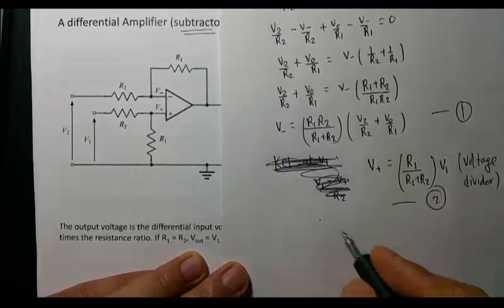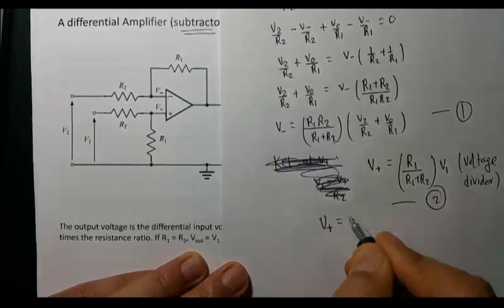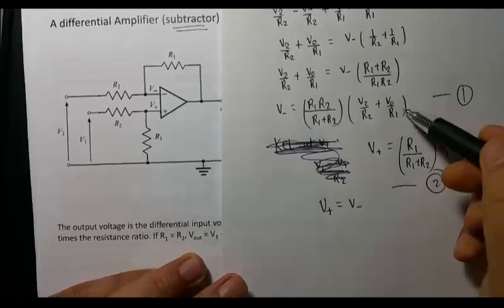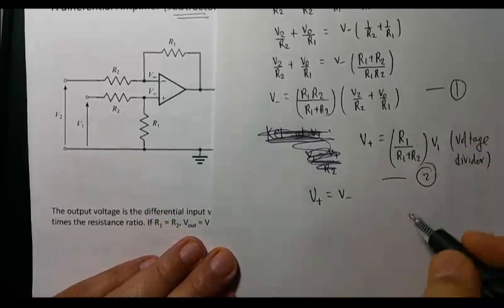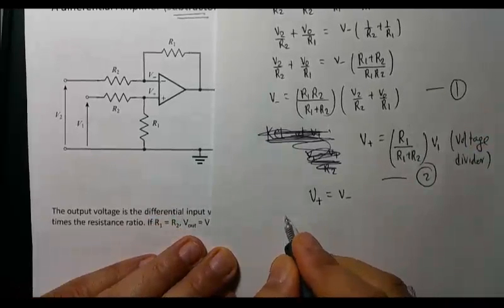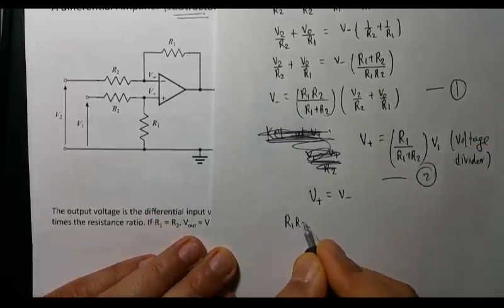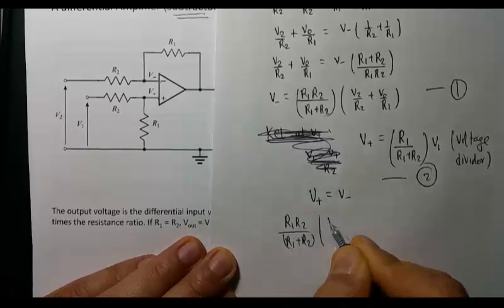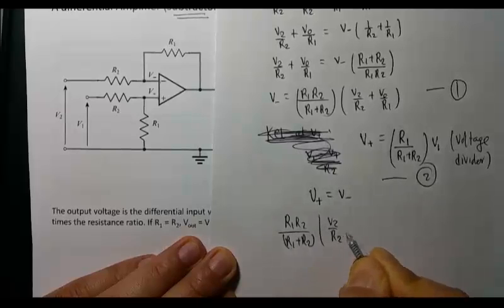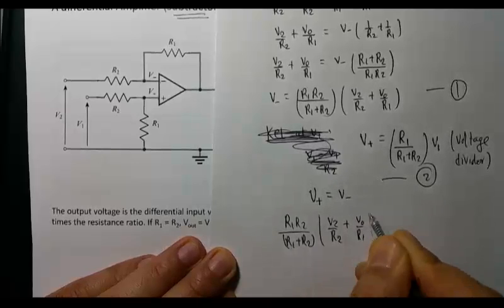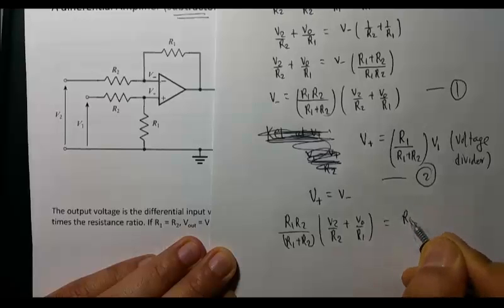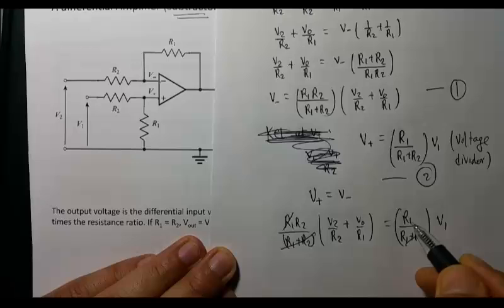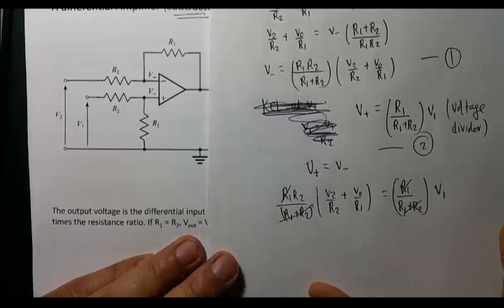And our OpAmp rule says V plus is equal to V minus. They have to be equal. So these two equations are equal. So equate them and then solve for V out. So this will cancel out, R1 will cancel out, right?